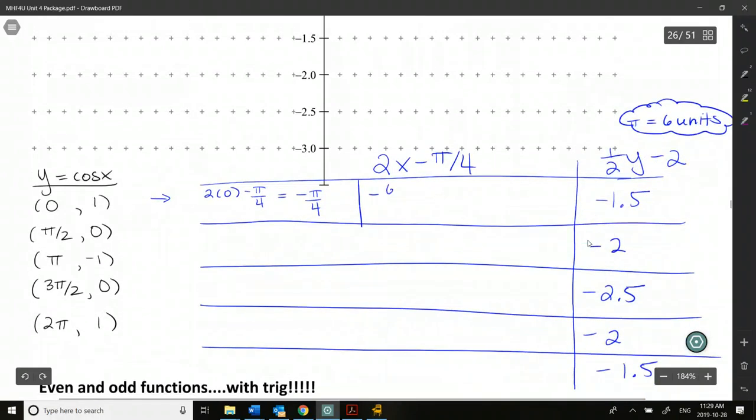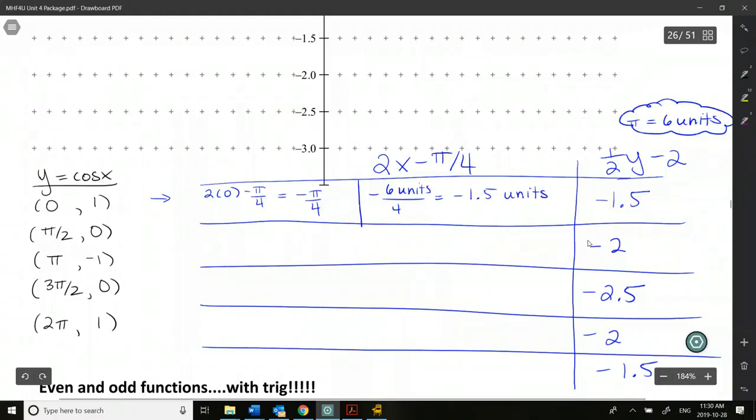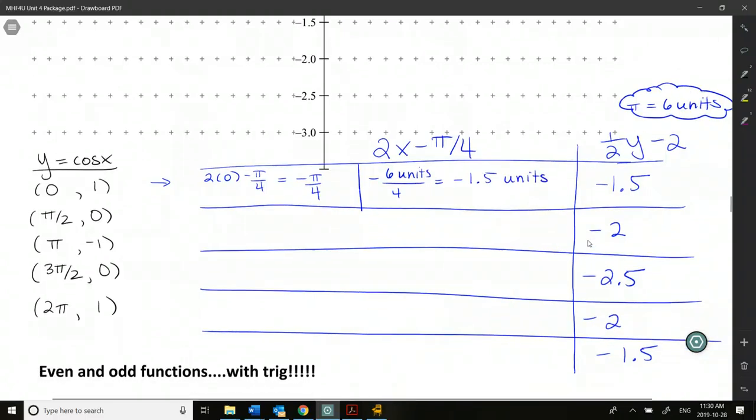So negative 6 units divided by 4. So what do we get for number of units here? Okay, so that means 1.5 units left, right? Okay, we'll keep going with our calculations.